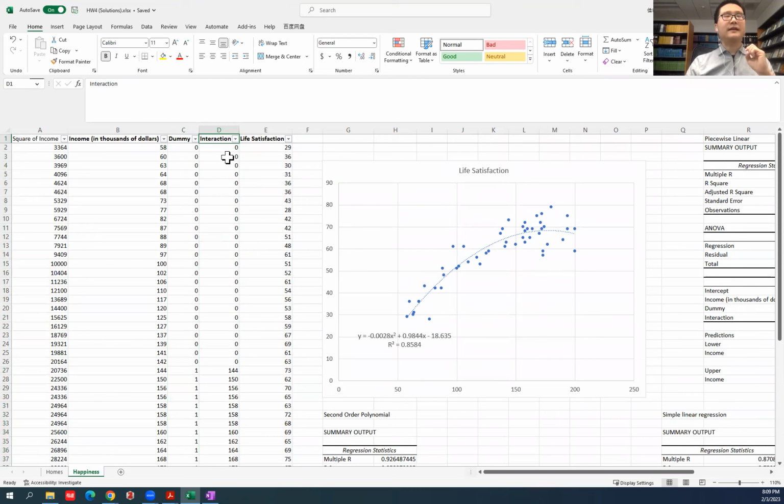Then we could build an interaction term. The interaction between income and the dummy variable is nothing but the multiplication between them, as income times the dummy variable.